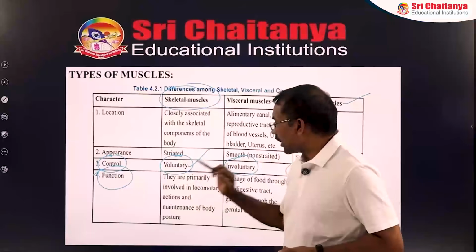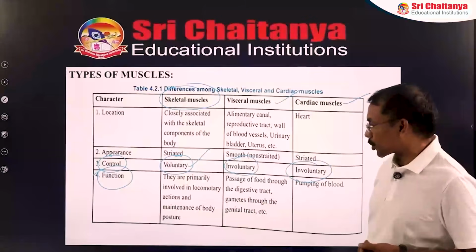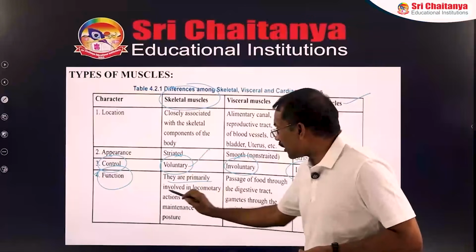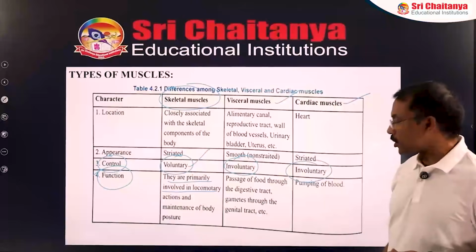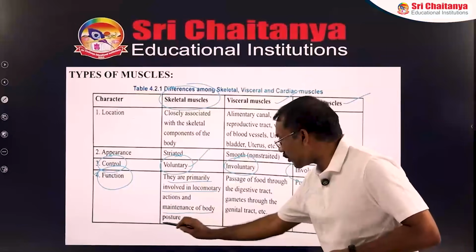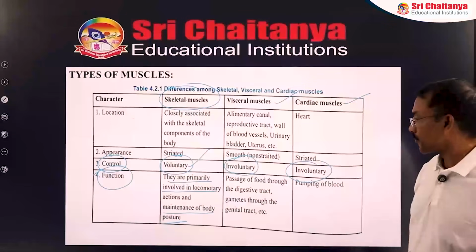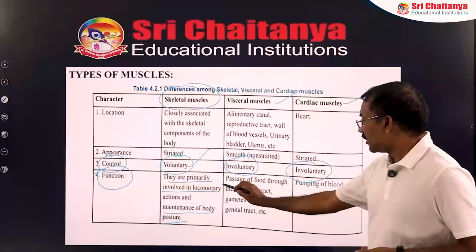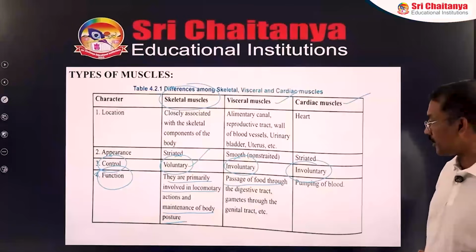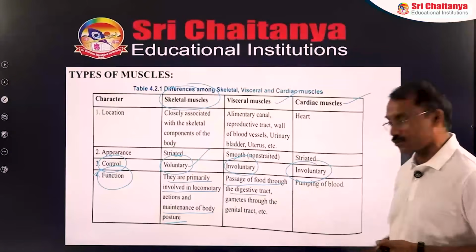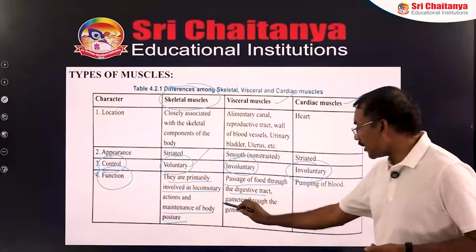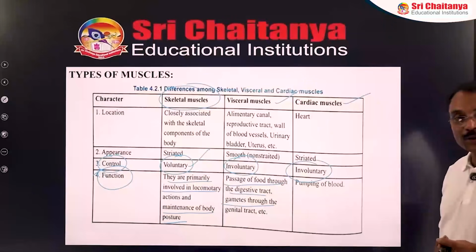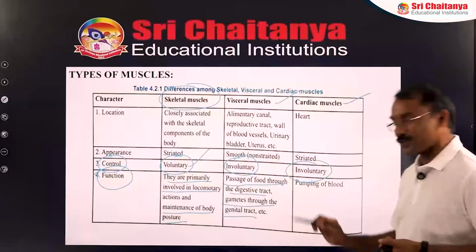Skeletal muscles play an important role in locomotion. They are primarily involved in locomotory actions and maintenance of body posture. Visceral muscles help in passage of food through the digestive tract, and also in movement of gametes through the genital tract.